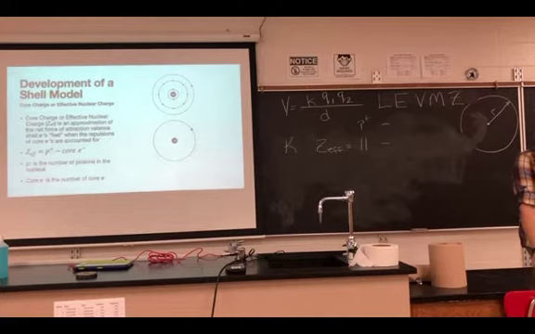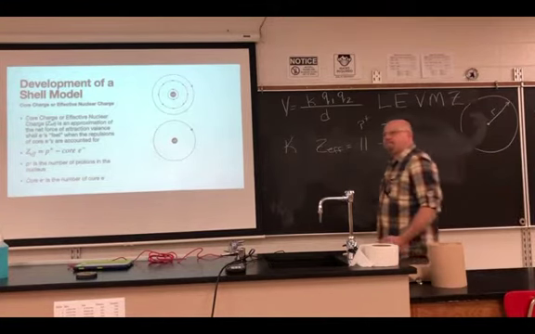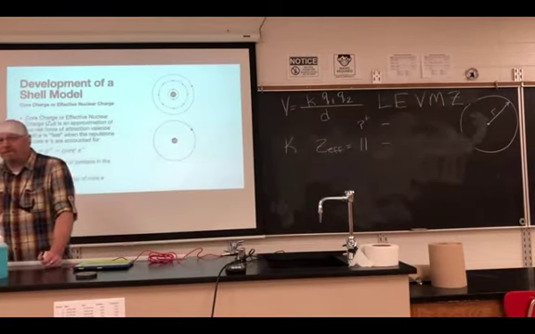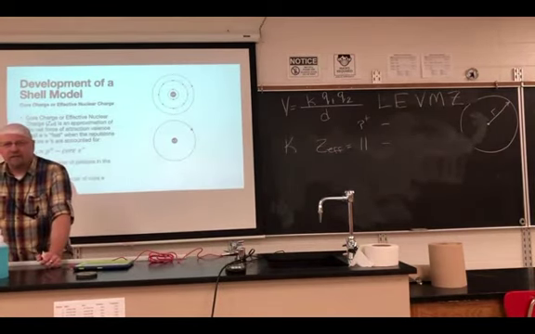Now the number of core electrons is not the easiest thing to just look at the periodic table and tell. So I'm going to give you a way of doing this that's relatively quick and easy. Does anybody know how to look at a periodic table and tell how many valence electrons it has? Cameron?